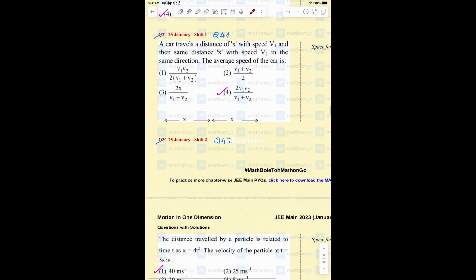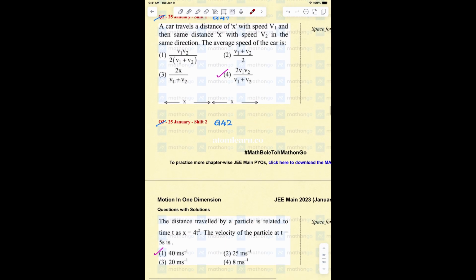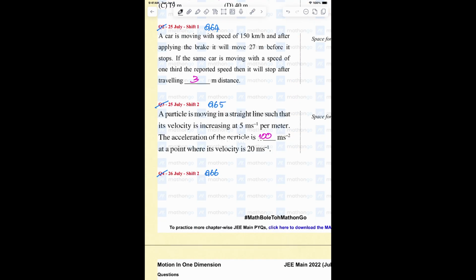That should be interesting. Just one second, let me locate question number 65 for you. Just read question number 65. A particle is moving in a straight line such that the velocity is increasing at 5 meter per second per meter.